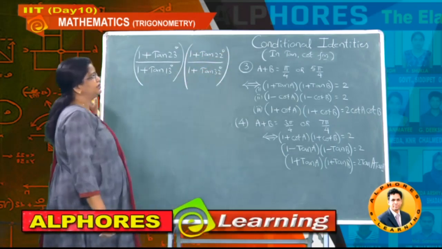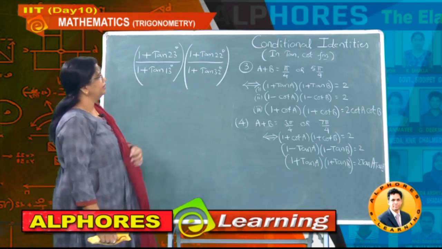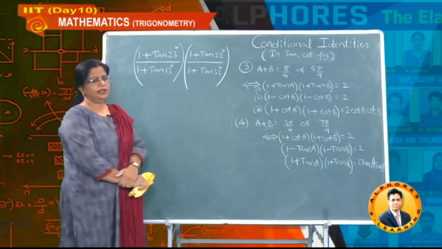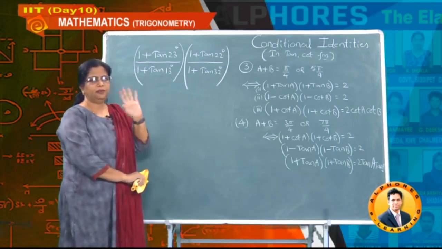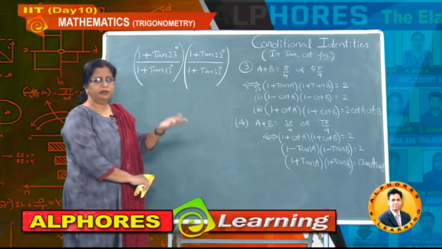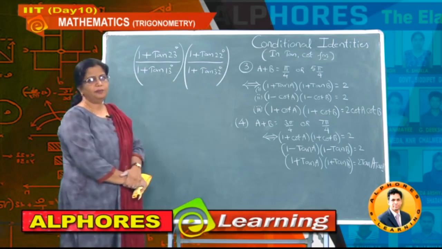Got it, students? Suppose a problem is given in this way, then our concentration first of all goes to the angles. I do not know any of these angles, and even if I use 90 minus or 90 plus, there are no combinations.